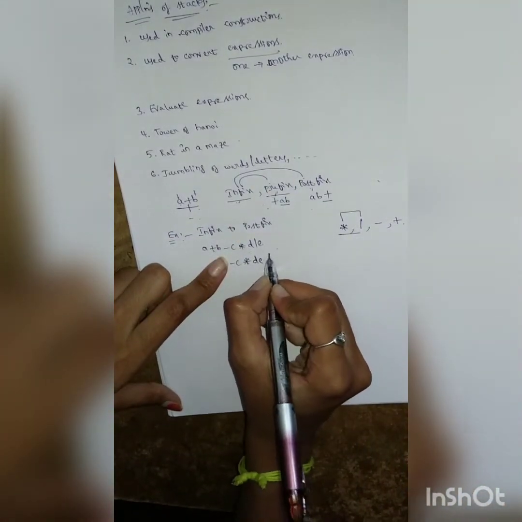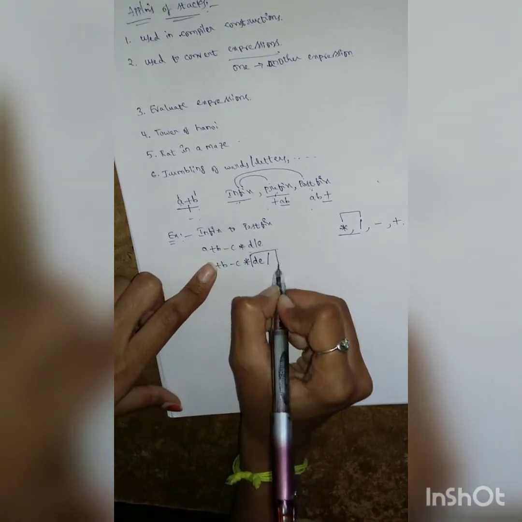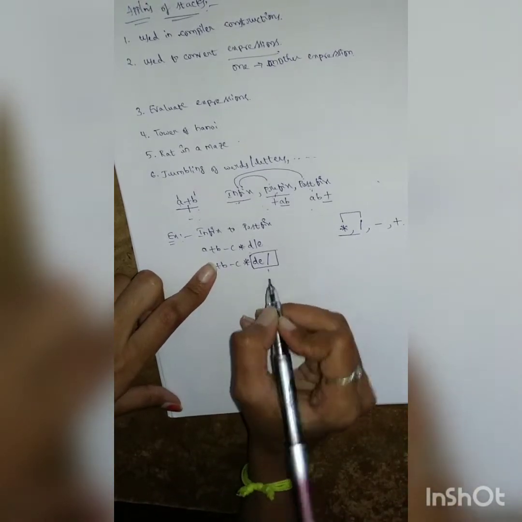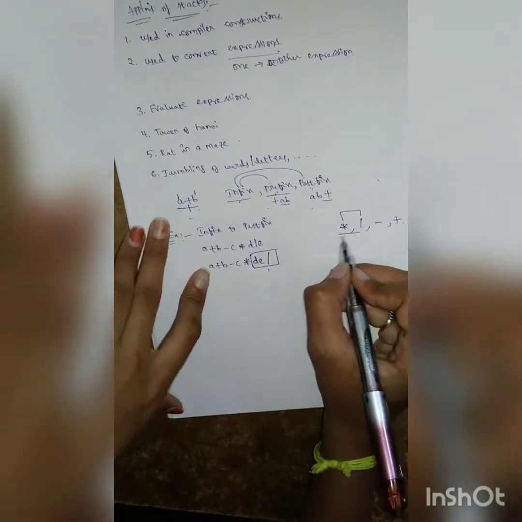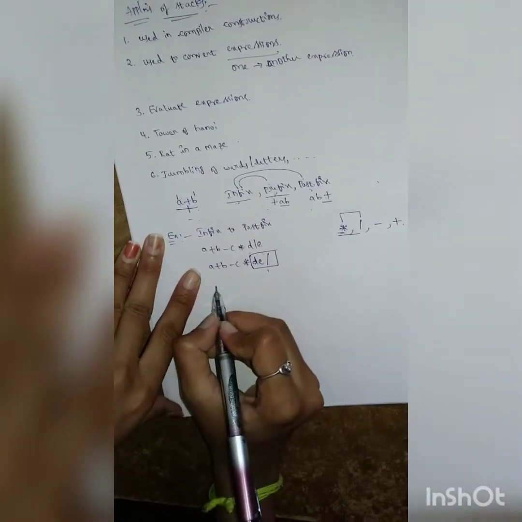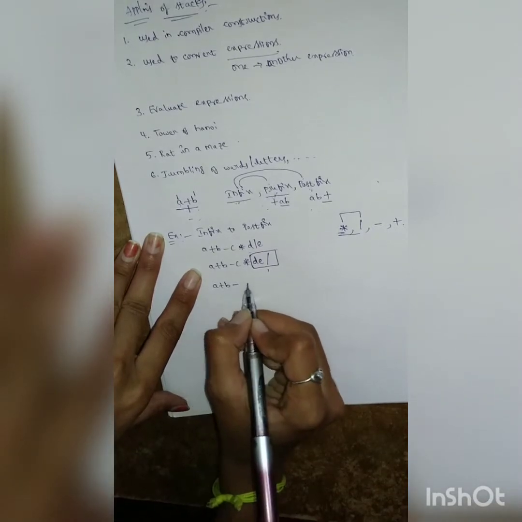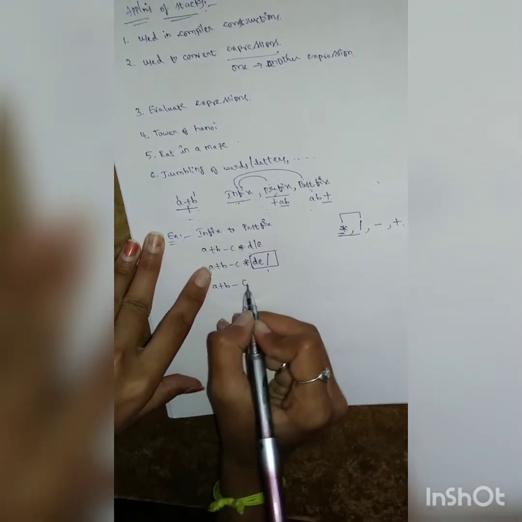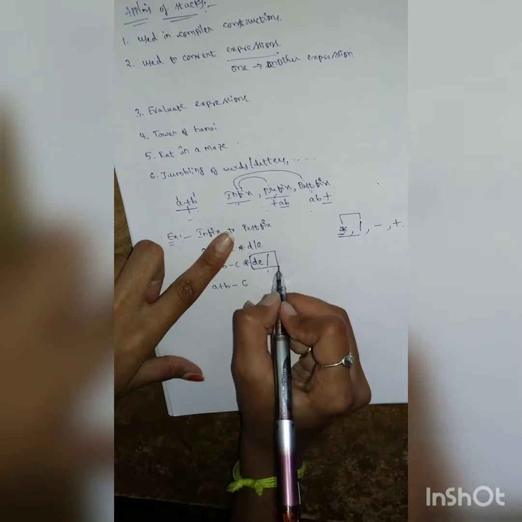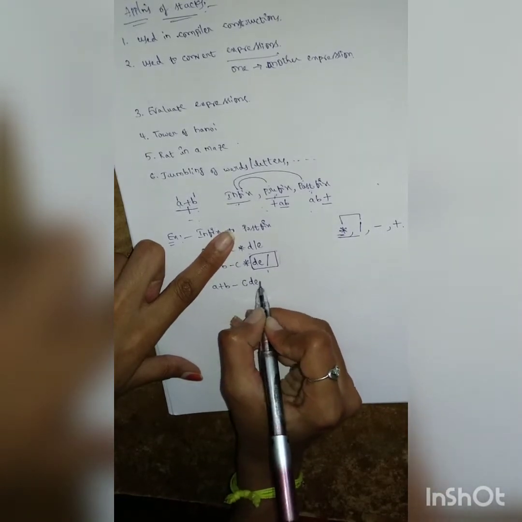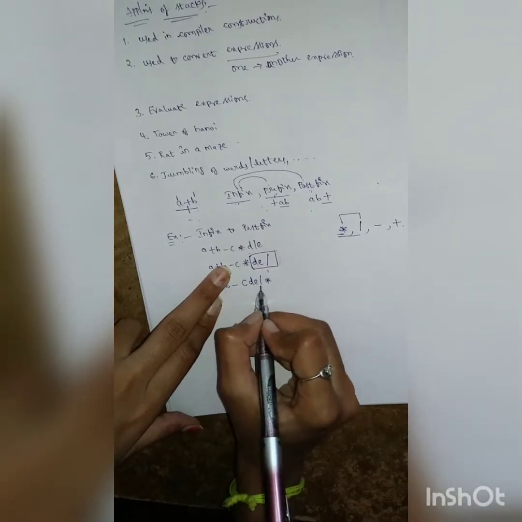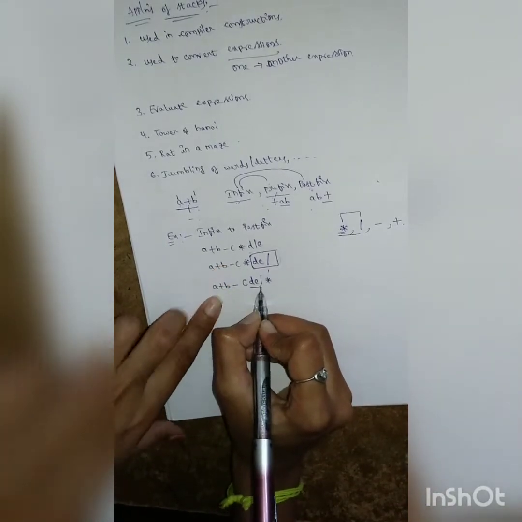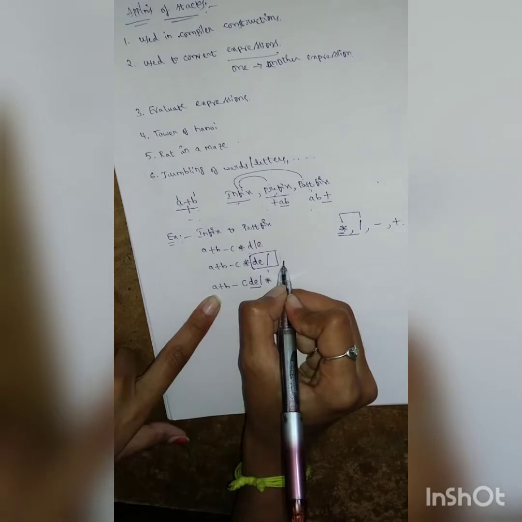So d e slash; let's take it in a bracket and consider it as one. The next precedence is into, so c d e slash, consider it as one, and this into goes here.